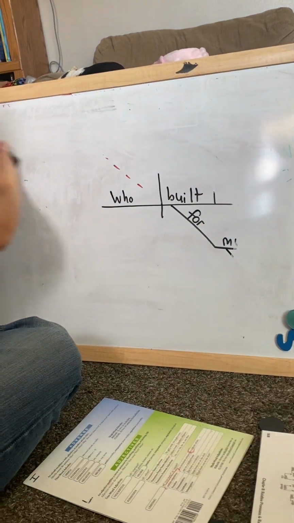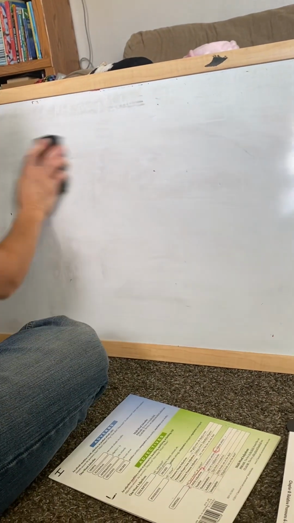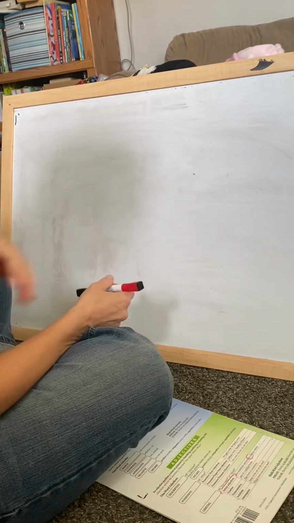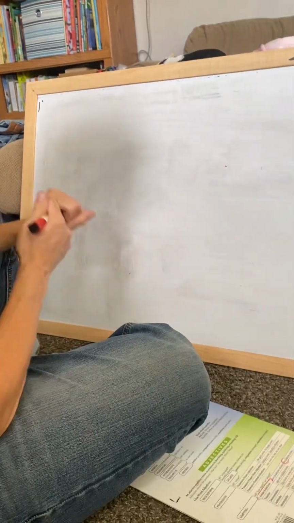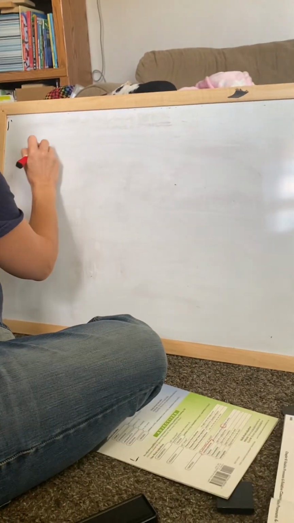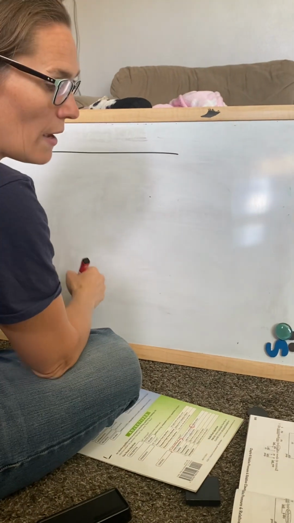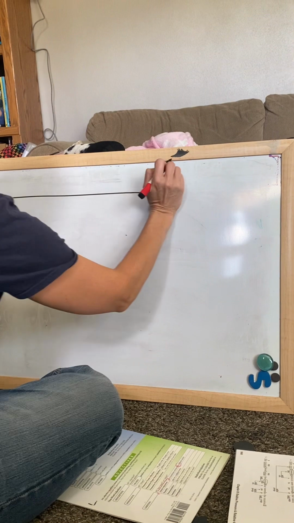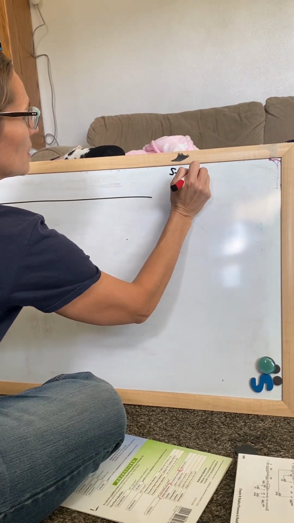Our babysitter. If you need to, pause it and correct it. Okay? I'm just going to keep moving, so you just pause the video. So we have a SVTDO again. Our sentence pattern SVTDO.